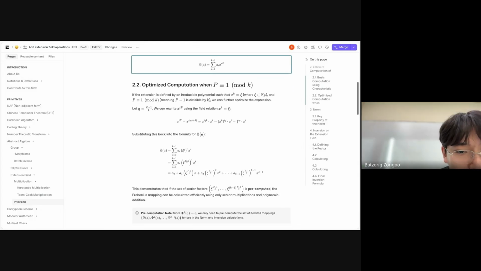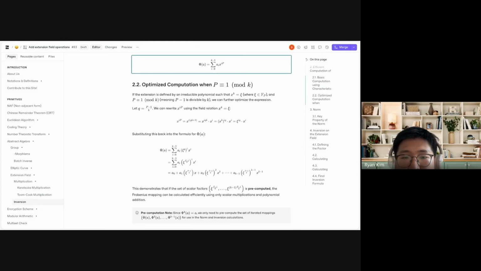Okay. Then the Frobenius mapping of A can be computed. If you unfold this, it becomes this and this, based on this computation.